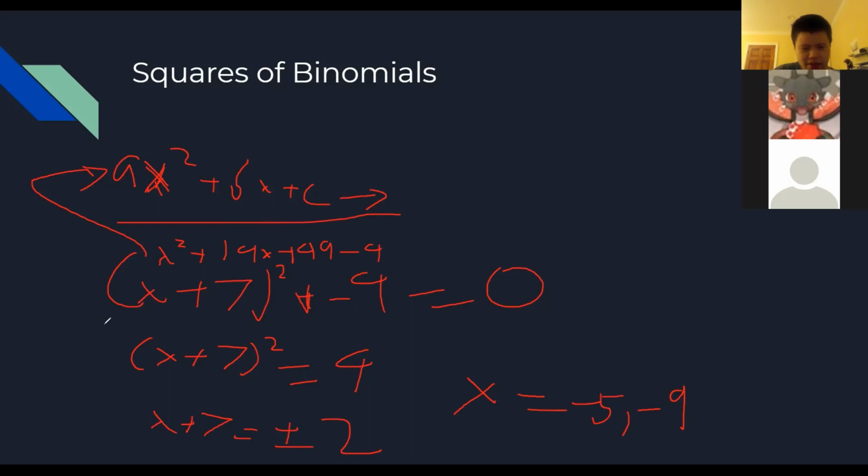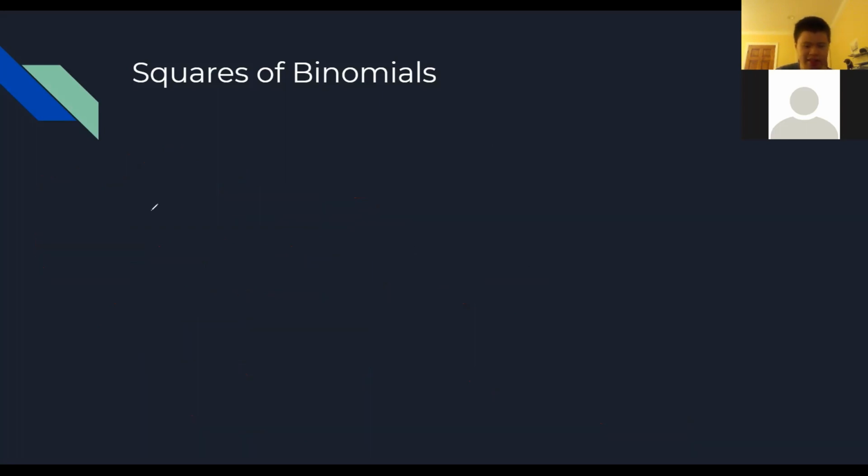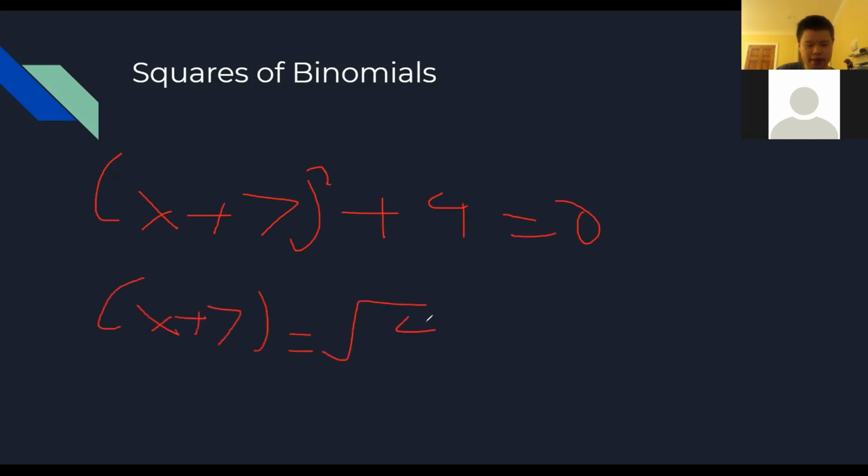So putting a quadratic in terms of a square of a binomial plus or minus something makes it really easy to solve. As a side note, if we had this equation, which is plus 4 instead of minus, then we would end up with something like this.